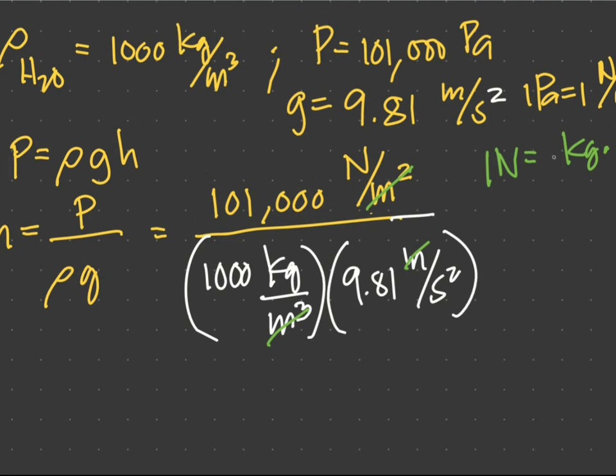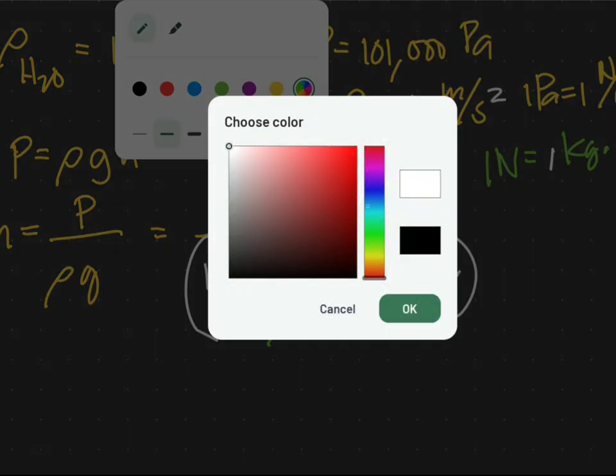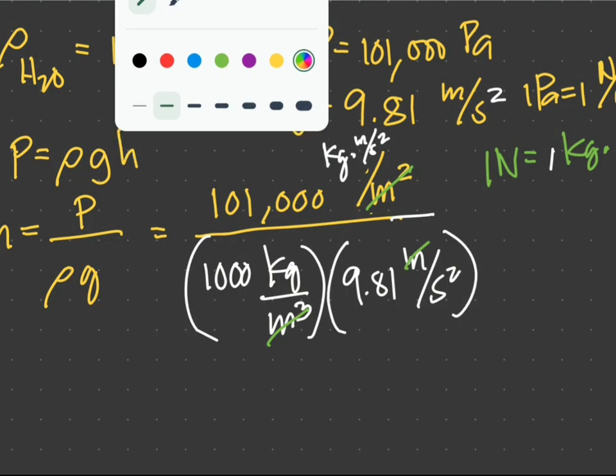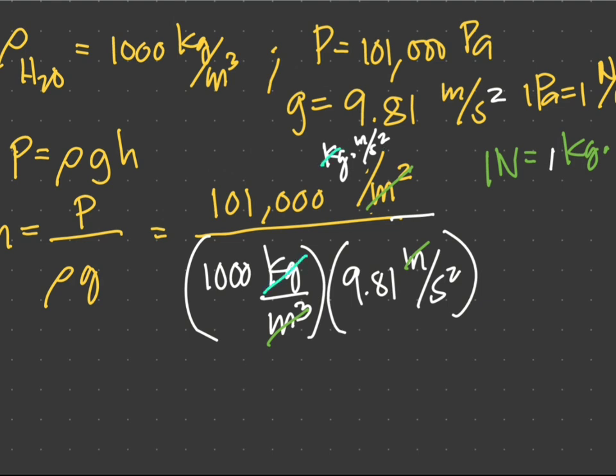So can I change the Newton here to kilogram meter per second squared? That means we can cancel a kilogram from here, and then second squared from here. Then we are left with only meters. Make sure that your answer will be in meters.